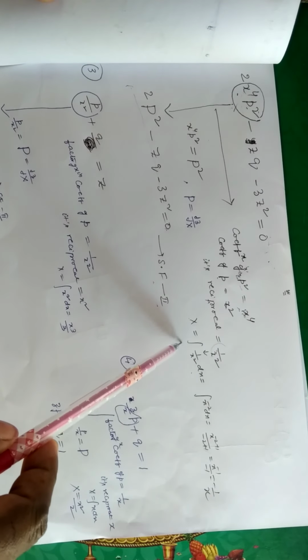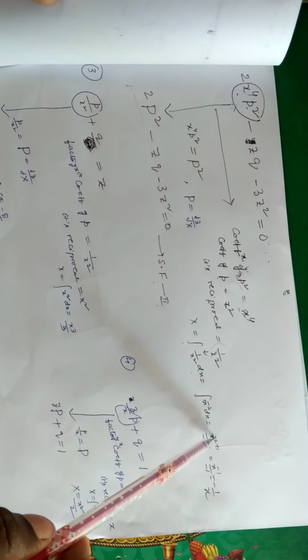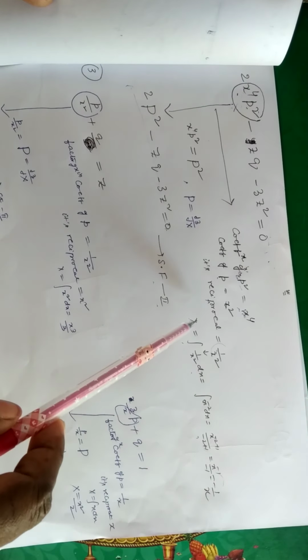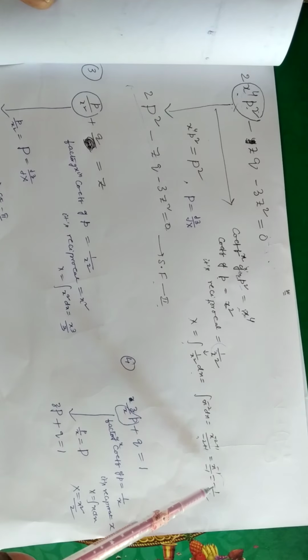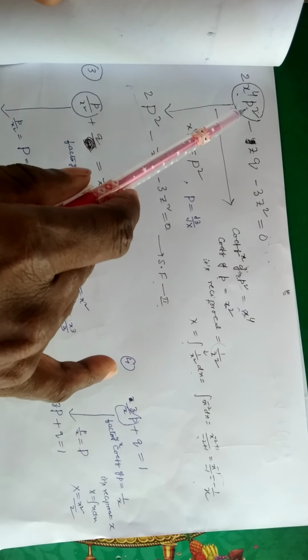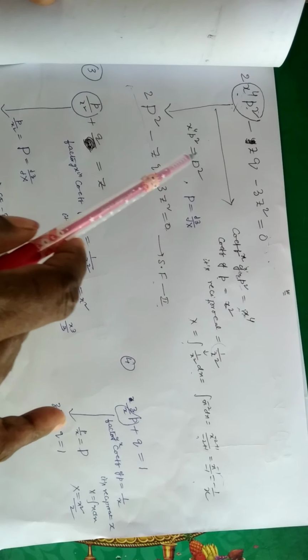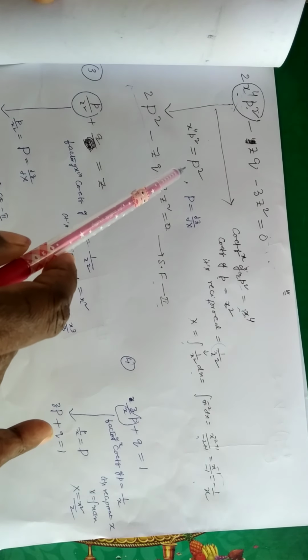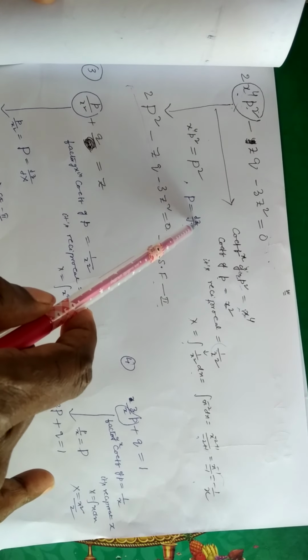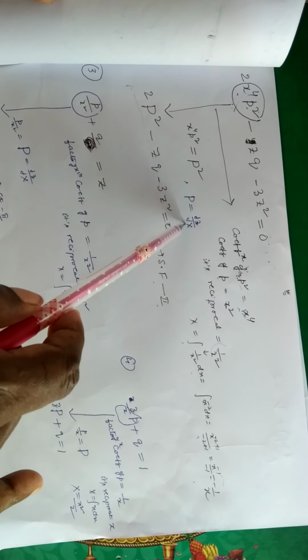1 by x square is nothing but x power minus 2, and by x power n plus 1 by n plus 1, that equal to minus 1 by x. That means by taking capital X equal to minus 1 by x, we directly write x power 4 into small p square equal to capital P square. Here p equal to dou small z by dou capital X. Small z is as usual, we change only capital X. Why?